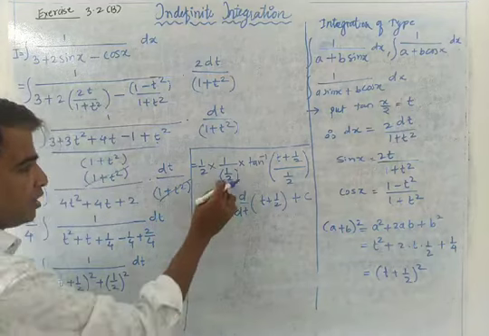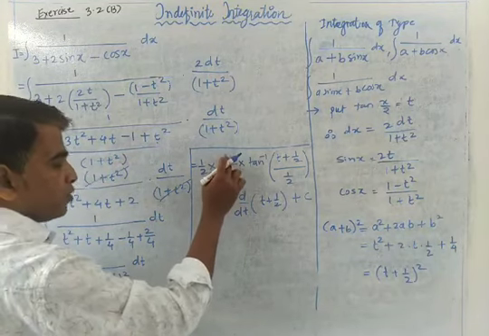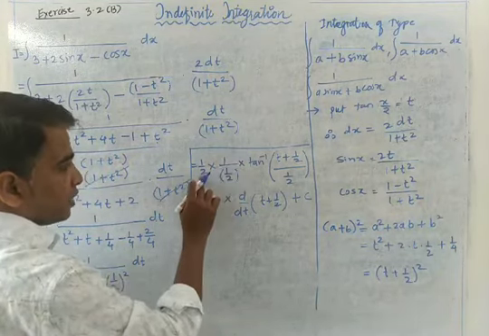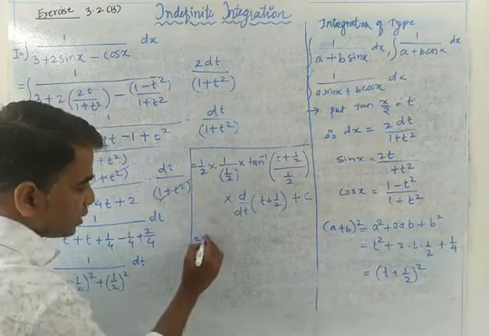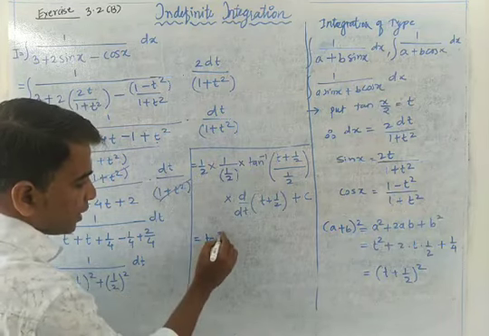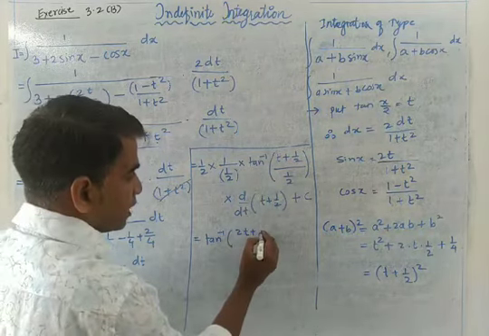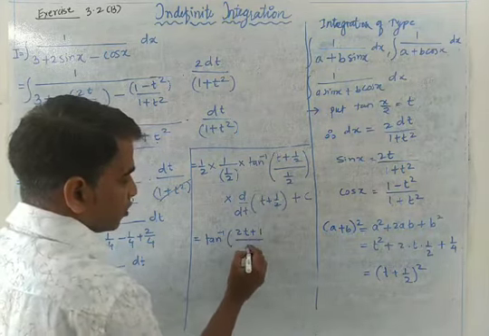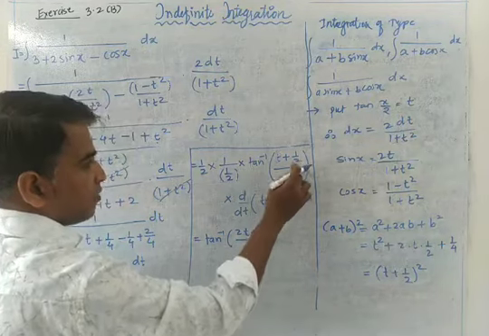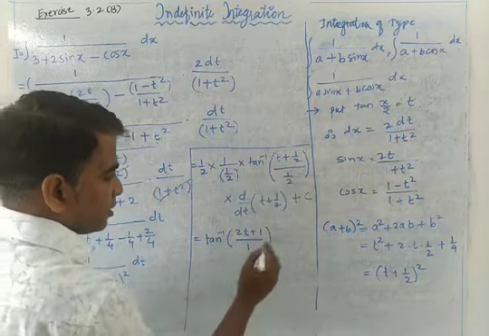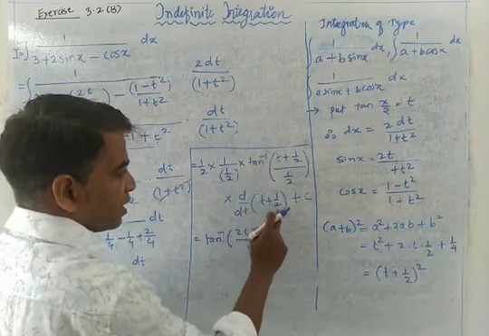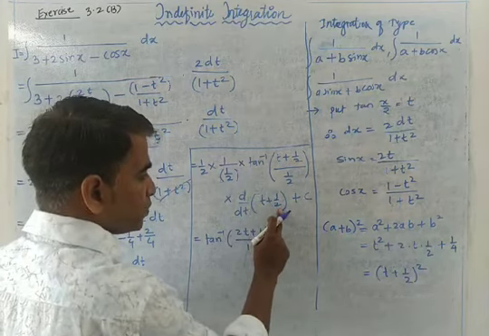Now simplify it. Now the denominator 2 can be adjusted to the numerator. This numerator 2 and denominator 2 get cancelled, so it is a 1. No need to write. So it is tan inverse. Now try to make a common denominator, 2t plus 1 upon 1, because in this half the common denominator 2 gets cancelled, and the derivative of t is 1, the derivative of half is 0, so 1 plus 0 is 1.